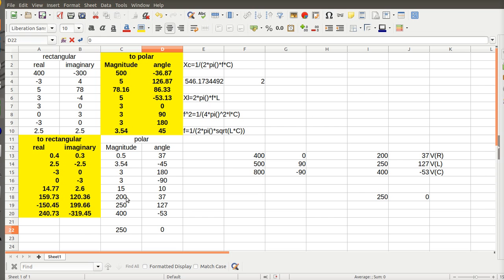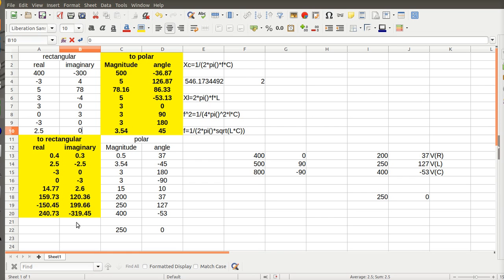So what I did is I converted them to rectangular. And so what you notice here is if I was to add 120 and 199 positive and -319, I get about 0. So I get my 0, and I'll put this on the bottom as well. I get my 0 if I add these up.